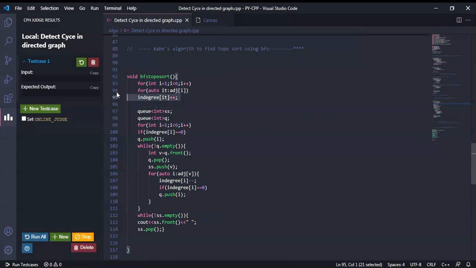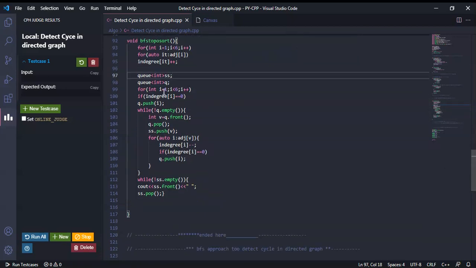Now I have taken two queues, one for storing the nodes and the other for storing the topological sorted answer. Now running a loop from 1 to 6, we are checking whose in degree is 0. If we find the in degree to be 0, we will simply push that value in our queue.